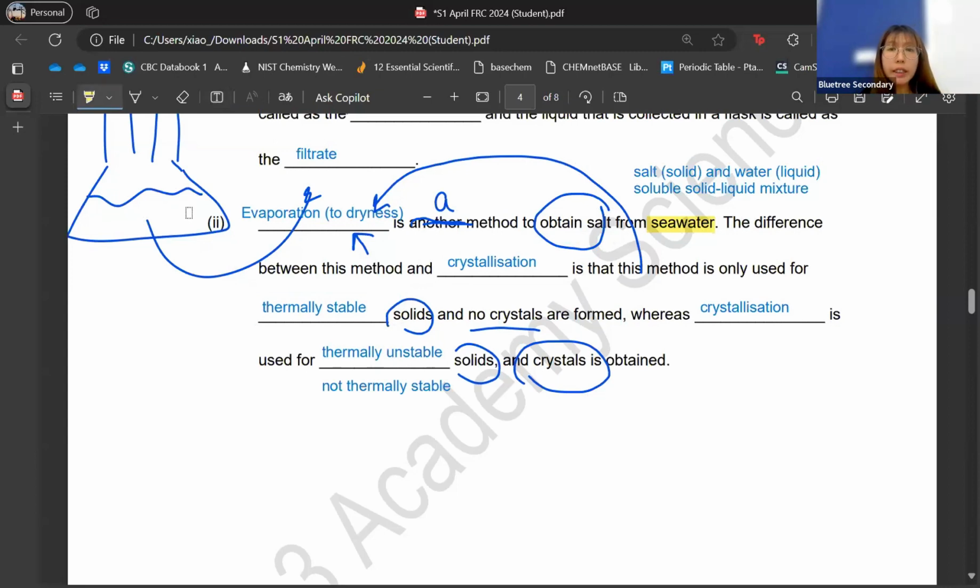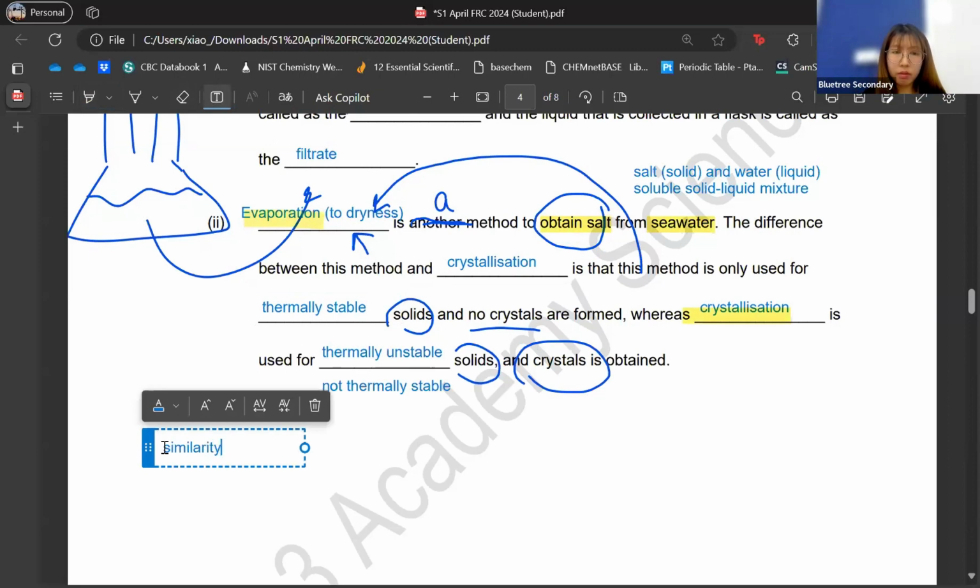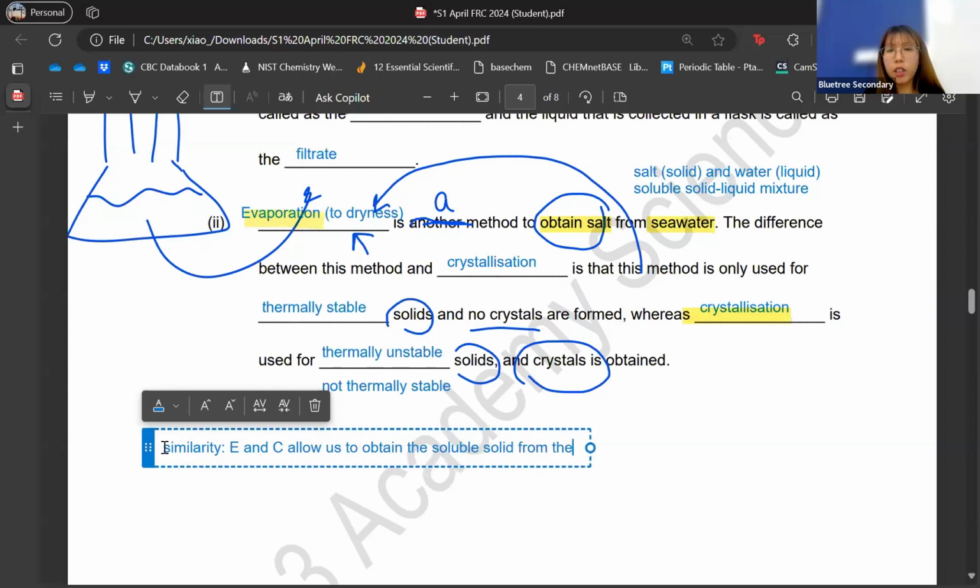Okay, to sum up this entire paragraph, the similarity between evaporation and crystallization is that both of them allow us to obtain the soluble solid from the solid liquid mixture.